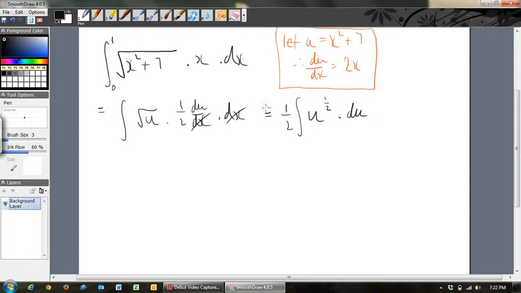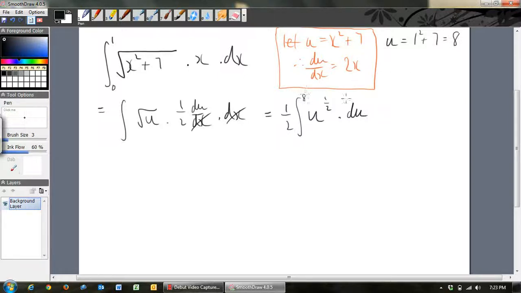Now, because this is totally in terms of u now, what we need to do is change the terminals. This integral is evaluated from where x is equal to 1 and x is equal to 0. So when x is equal to these values, we need to figure out what u is equal to. When x is equal to 1, u is equal to 1 squared plus 7, which is 8.